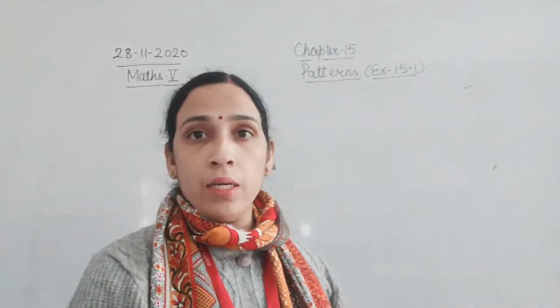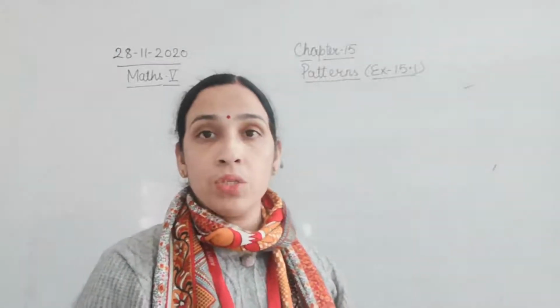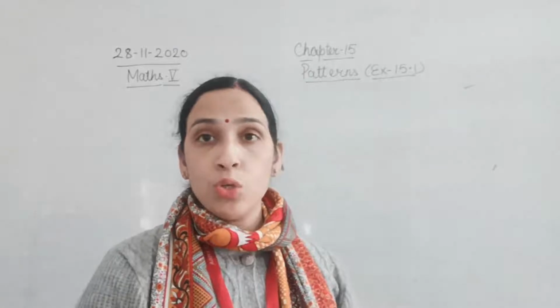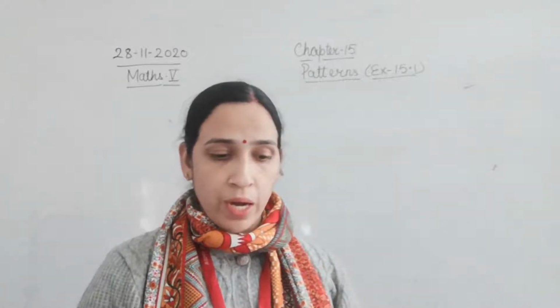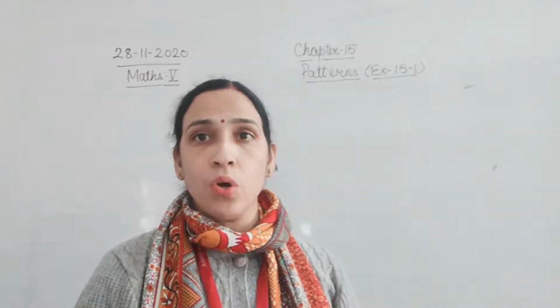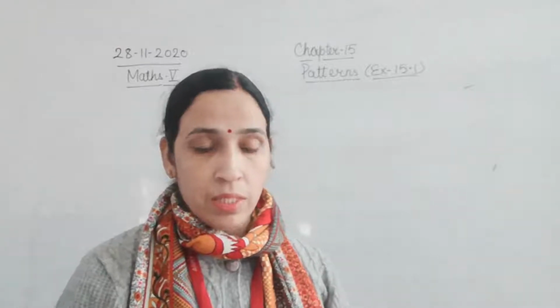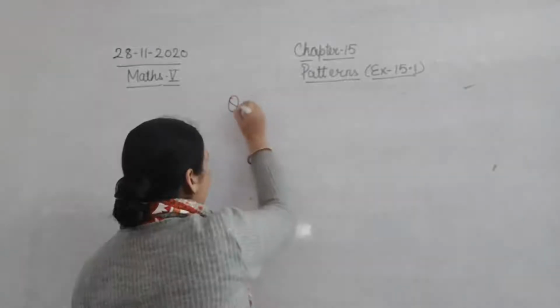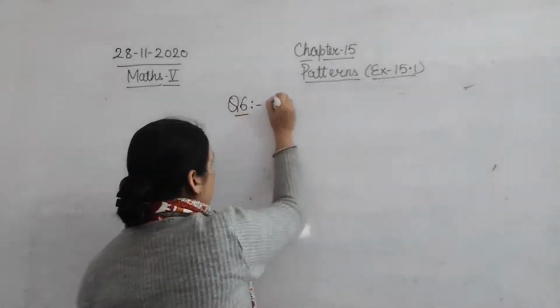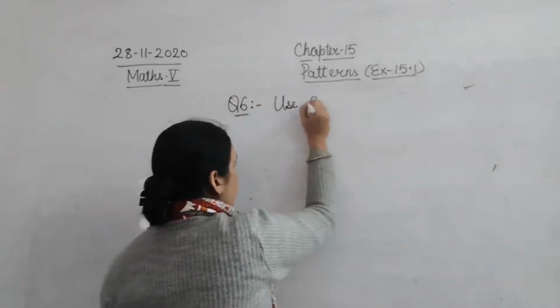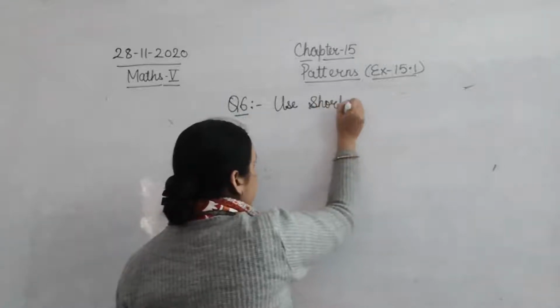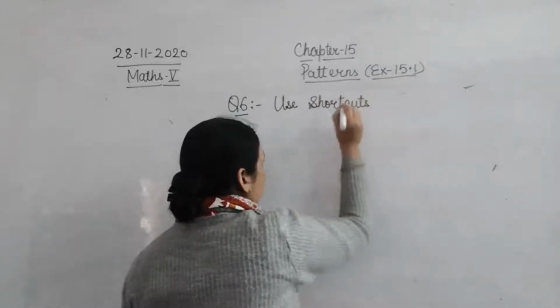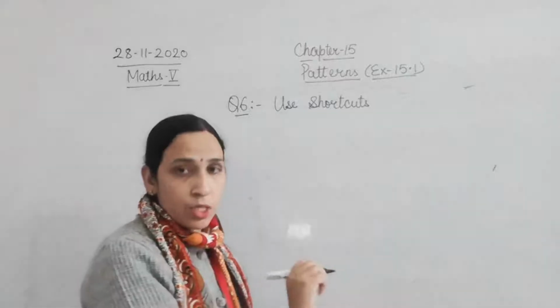So children, now I am going to start with question number 6, that is use shortcuts to find the solution of given questions. Question number 6, I will start today. Use shortcuts to find.